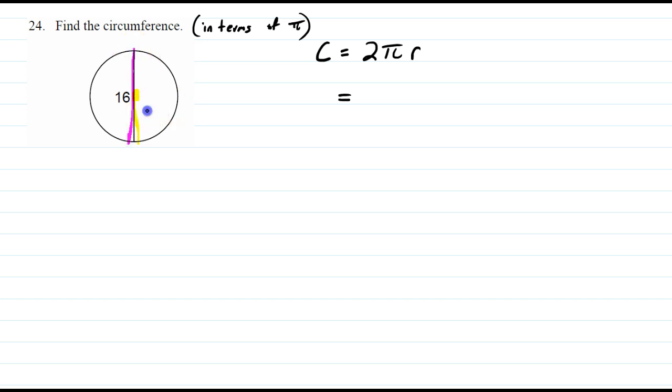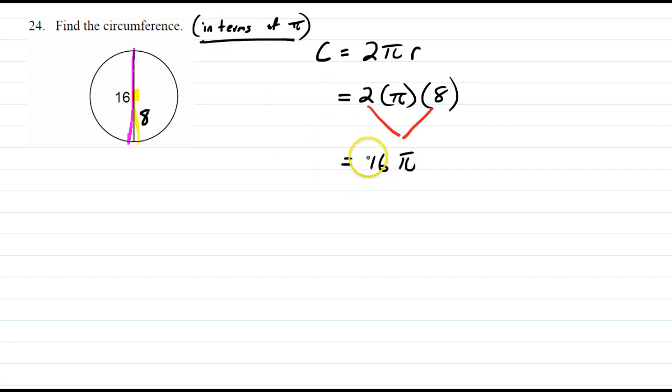So that means that the radius is going to be 8. So it's 2 times pi times 8. We can just combine the 2 and the 8 together. So 2 times 8 gives us 16. Since it says in terms of pi, we don't have to multiply it out. And so our circumference is 16 pi.